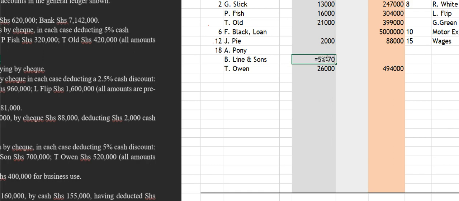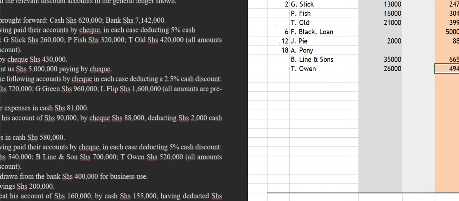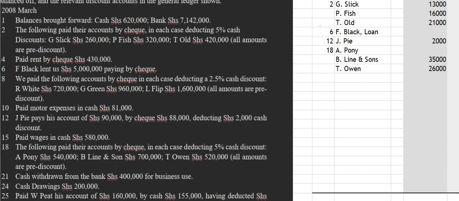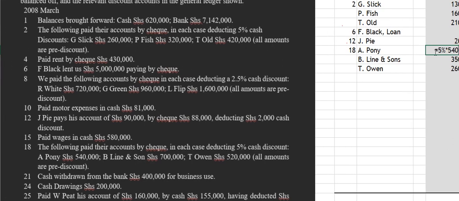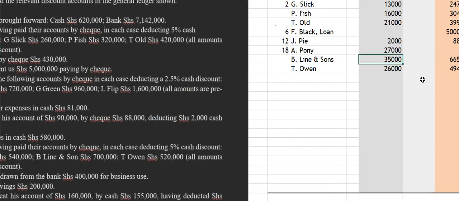times 700,000, that is 35,000. So the amount received is 700,000 less the discount, giving us 665,000. Then for Epony, the amount was 540,000, so the discount will be 5% times 540,000, giving you 27,000.